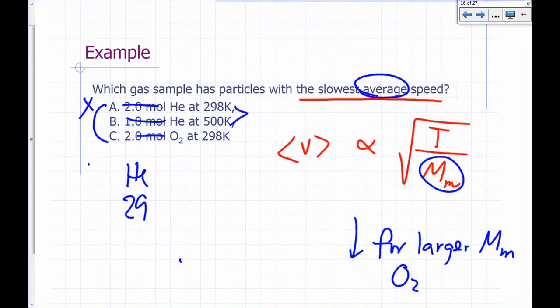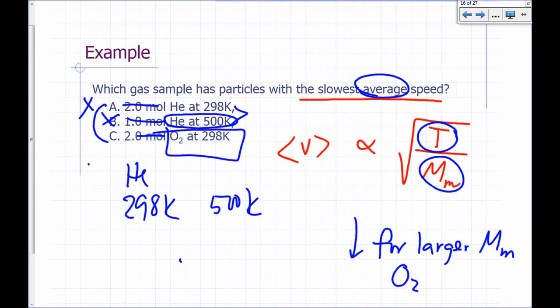So helium at 298 Kelvin versus helium at 500 Kelvin. Which one has a higher speed? Higher temperature, higher average speed. So helium would have a higher speed at 500K than 298K, so it can't be B either. So the correct answer here is oxygen at 298 Kelvin.